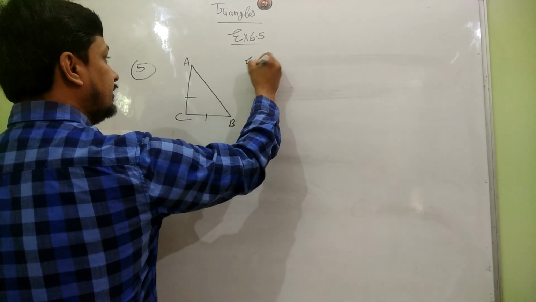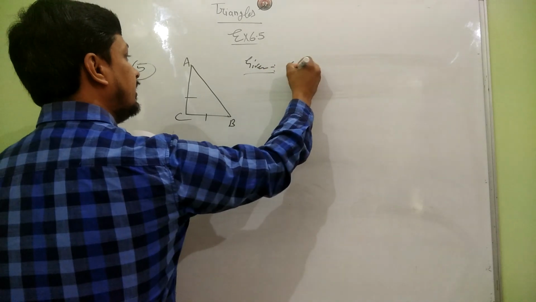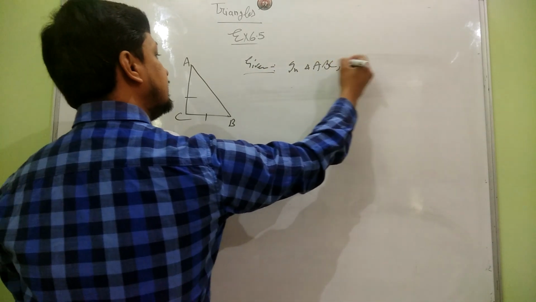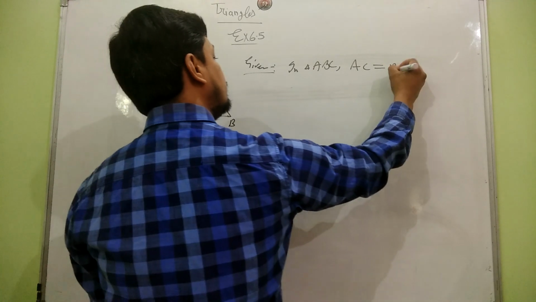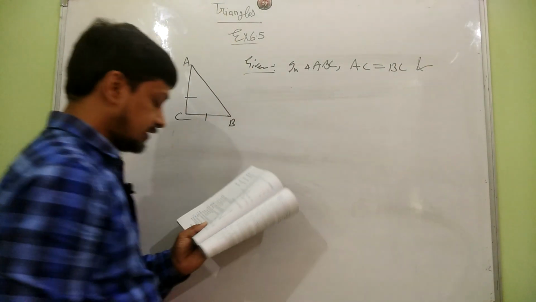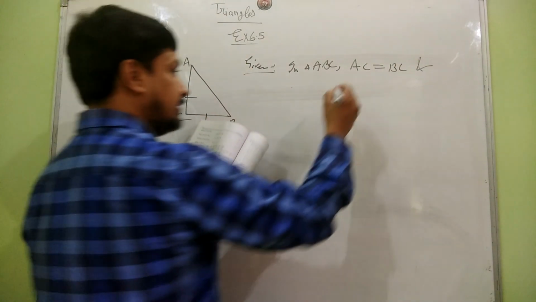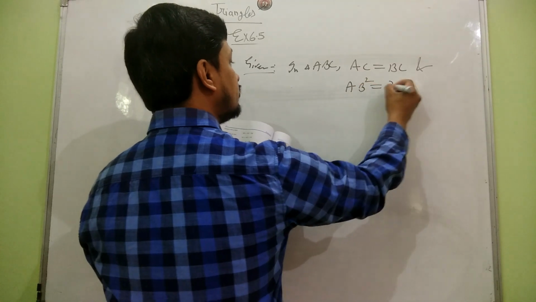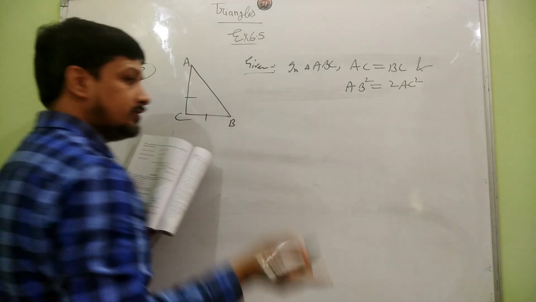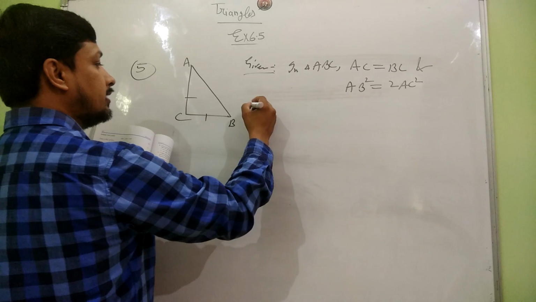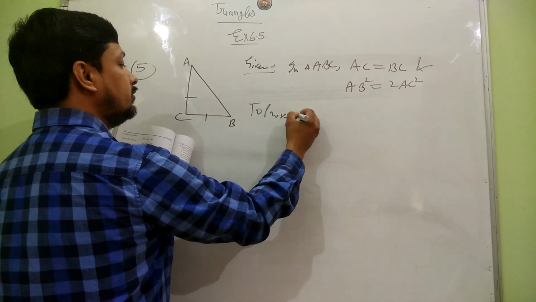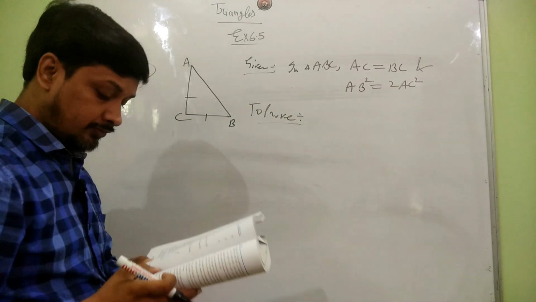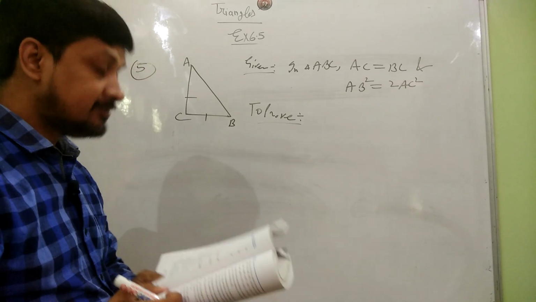So in given, we will write, in triangle ABC, AC equal to BC, and what else is given? It is given that AB square equals 2AC square, which we had to prove in the previous part. So what do we have to prove? We have to prove that triangle ABC is a right triangle.